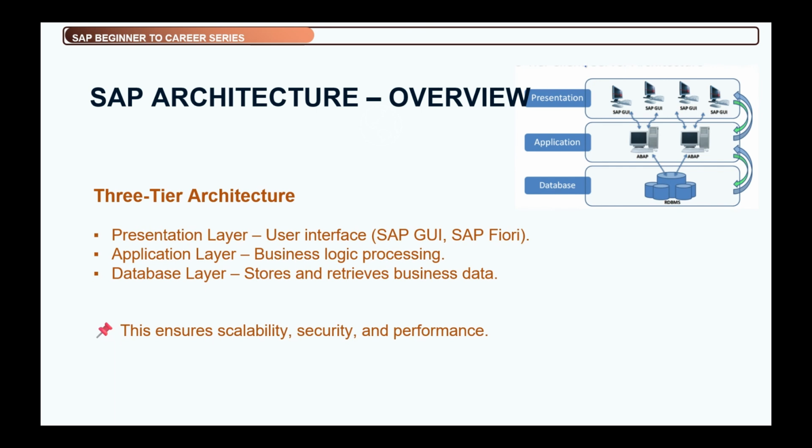First one is the SAP graphical user interface. Number 2, SAP Fiori. SAP Fiori was introduced with the SAP S/4HANA database improvements. Previously it was purely GUI. Now in HANA we can use GUI as well as Fiori. Both interfaces are there. So this is the presentation layer.